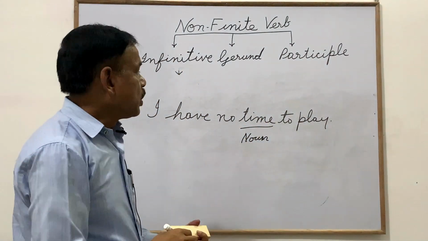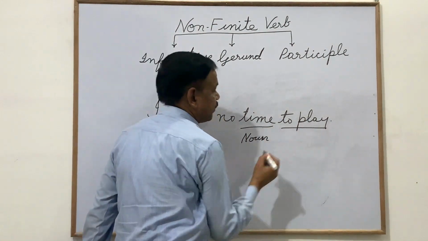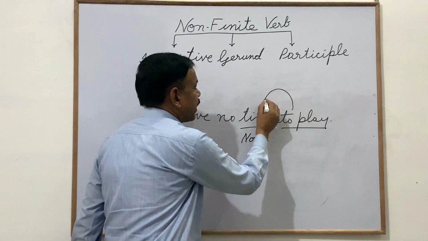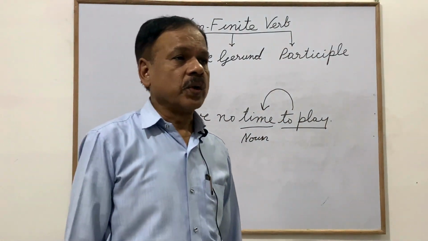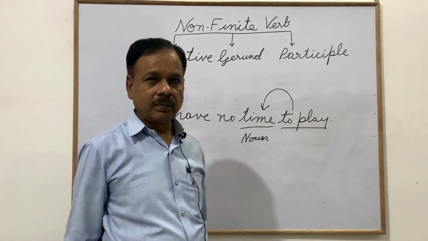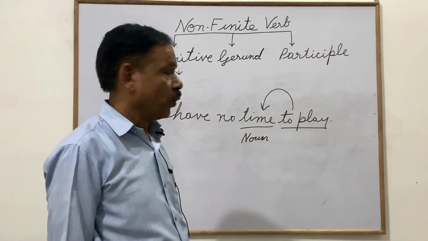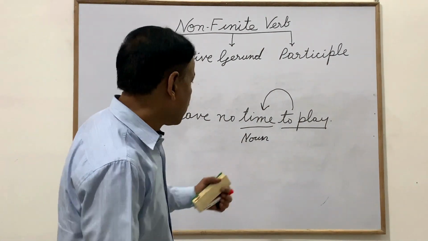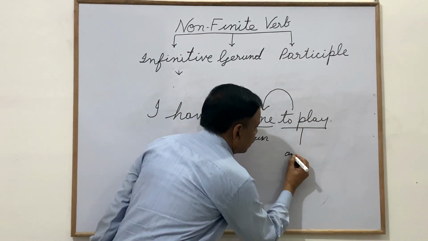Got it? Here, this infinitive is qualifying a noun. And anything which qualifies a noun or adds something to the meaning of a noun is called what? Adverb. Oh, an adjective. So here it's doing the job of an adjective.